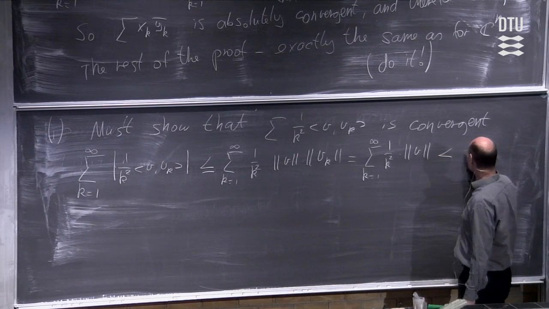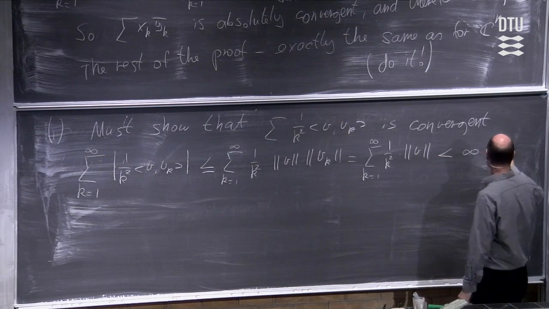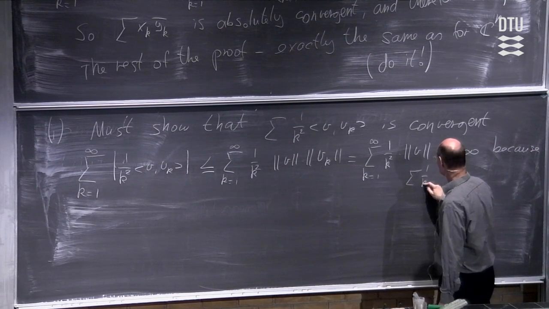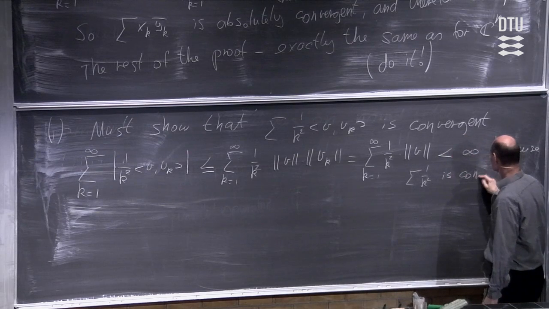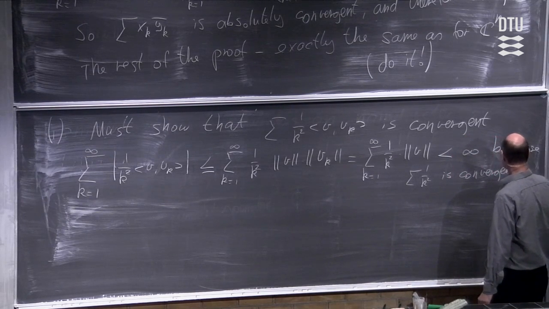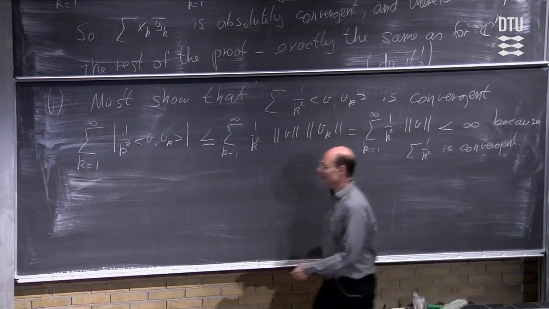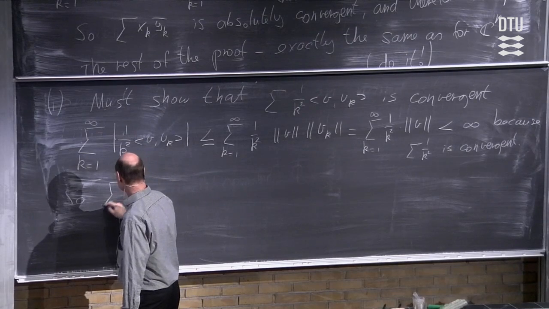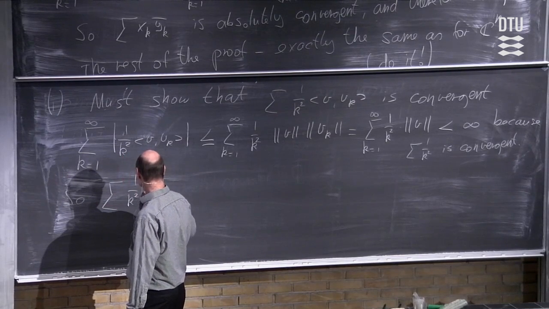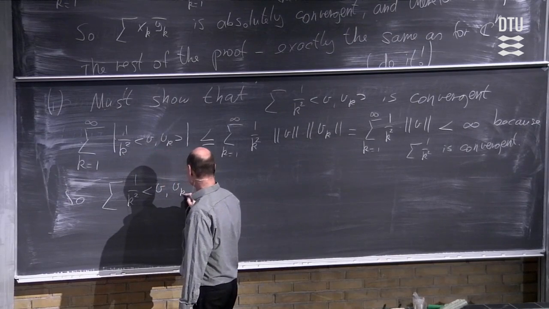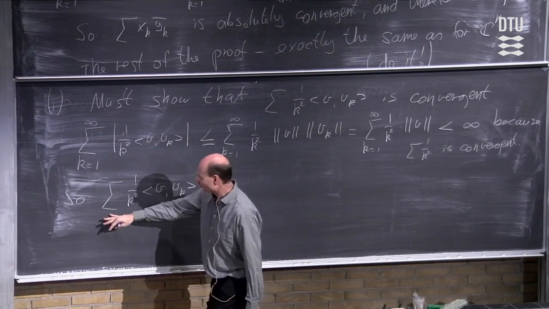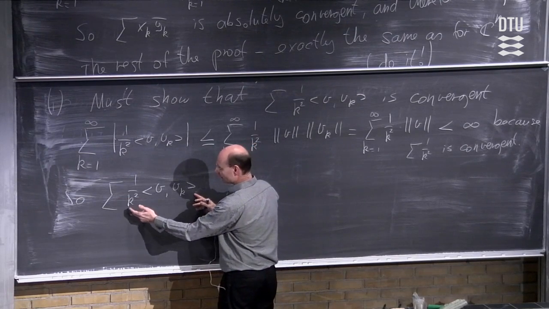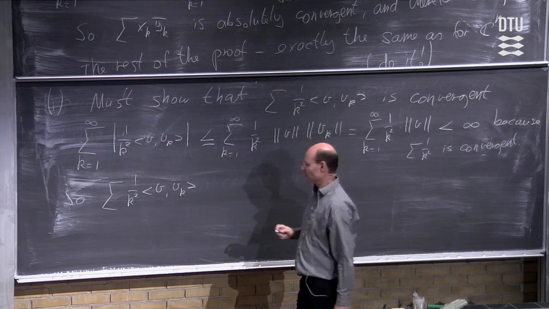So therefore, we know that this is finite. So what this tells us is that, and now I write it again in all details, we know that 1 divided by k to the power 2, inner product vk. I skipped putting all these indices because you know exactly what we are dealing with. So what we have shown now is that this is absolutely convergent, and therefore it is convergent.